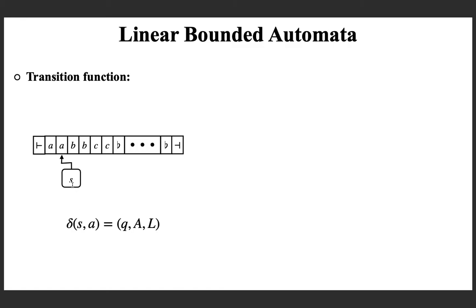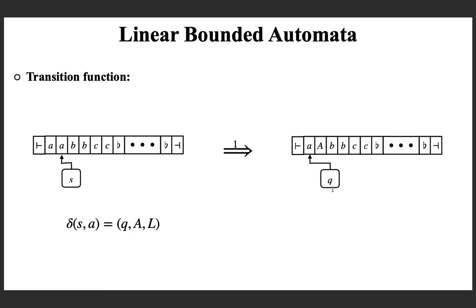So if you are in the state S, and if you have small a as the current tape symbol, then what do you do? Change your state to Q, replace small a with a capital A, and position your read write head to the next symbol on the left. Capital L means move to the left one symbol. So if you apply this transition, you are changing your state to Q, replacing the small a with capital A, and positioning your read write head to the symbol to the left of the current symbol.